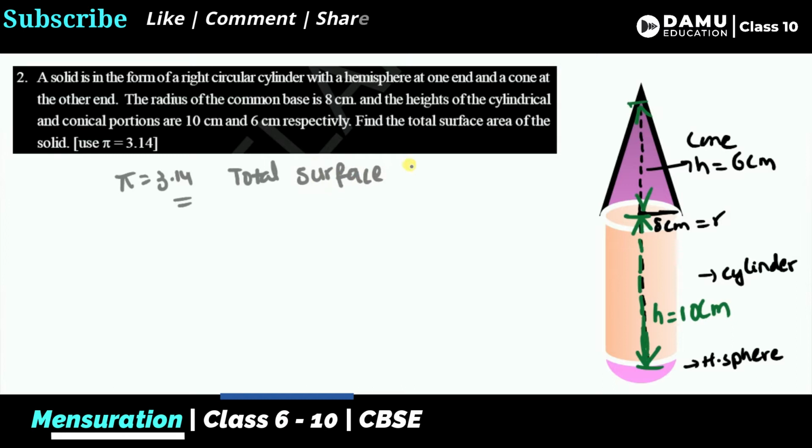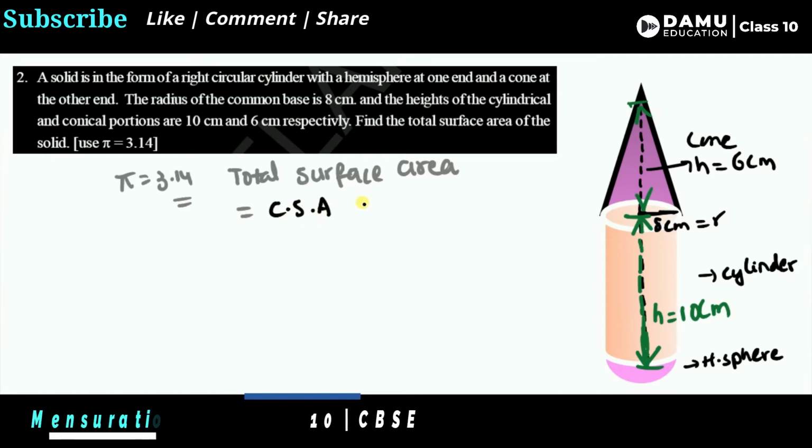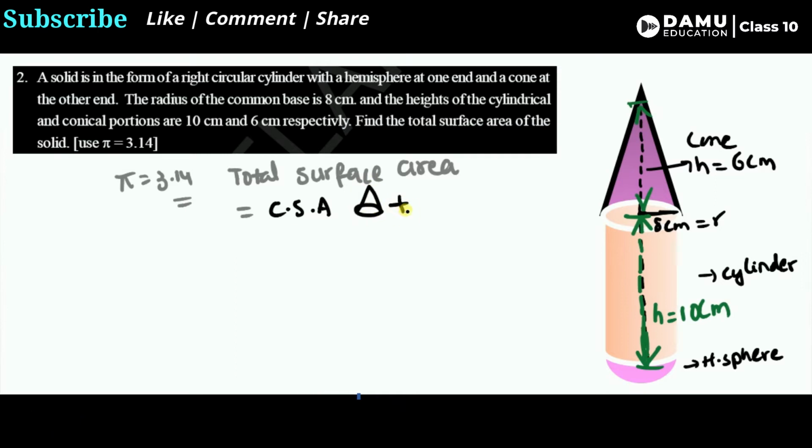The total surface area of the solid will be equal to the curved surface area of the cone, plus the curved surface area of the cylinder, that is perimeter times the height, plus the surface area of the hemisphere. So this is the formula. Let's find out each individually and add them finally.